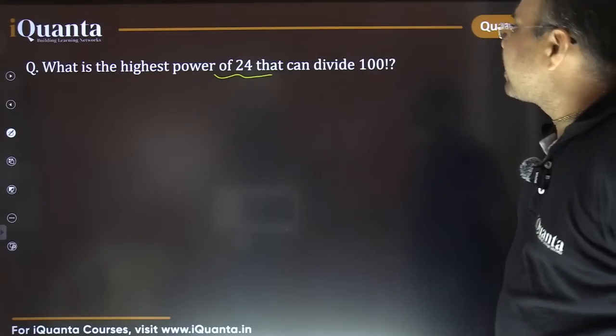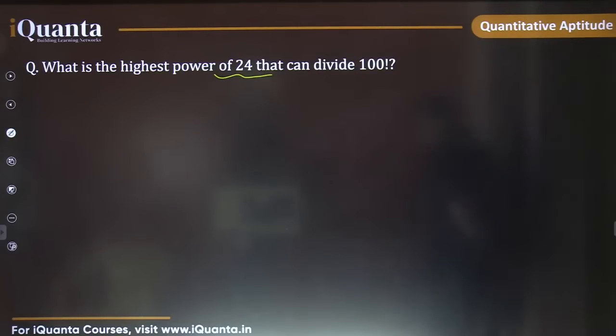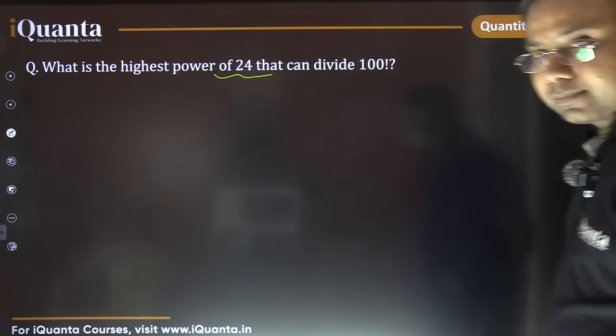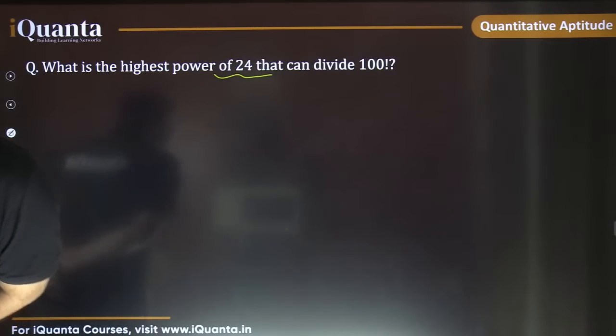What is the highest power of 24 that can divide 100 factorial? Do it fast.